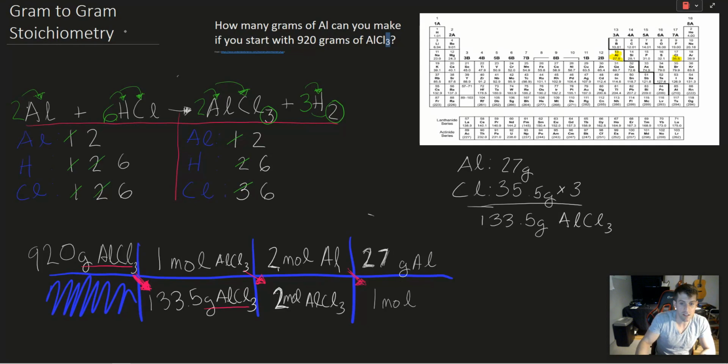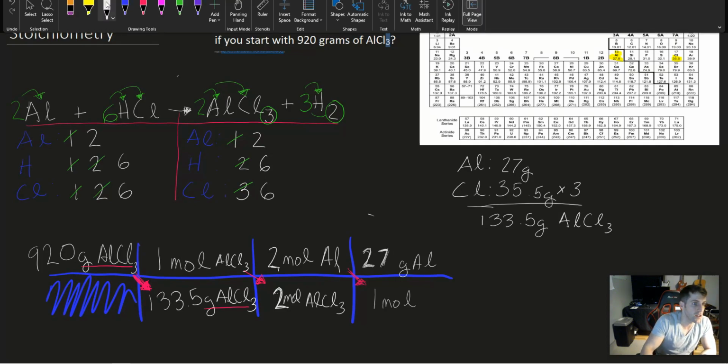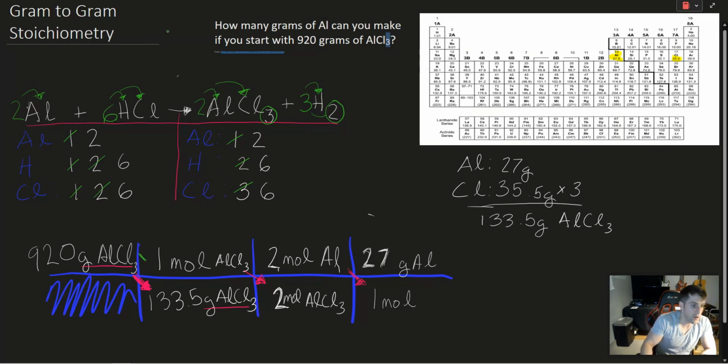I'm going to write this out, and this might seem a little far-fetched, but I'm going to use green here and show you what I'm doing. I'm going to take this 920. We are going to multiply this by 1, which of course is the same thing. We're going to multiply that by 2, and we're going to multiply that by 27.